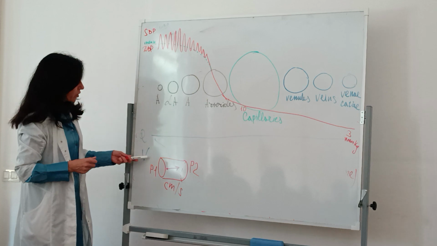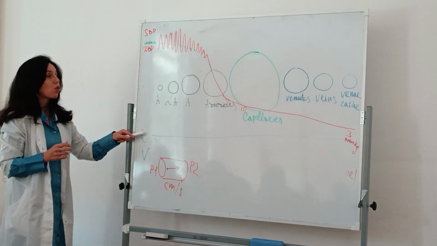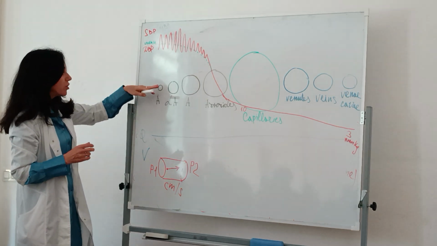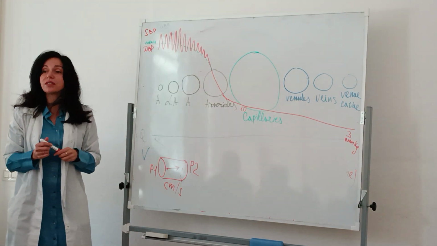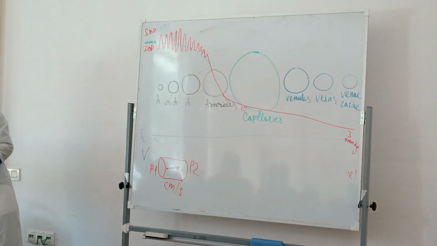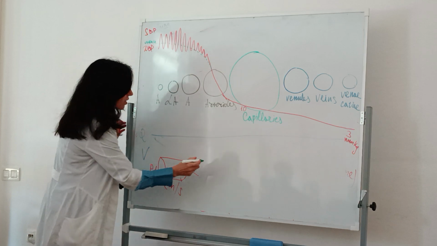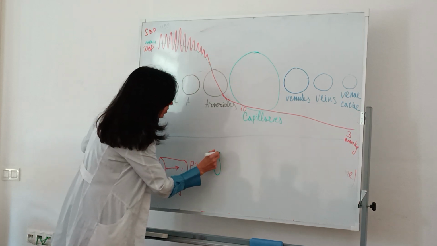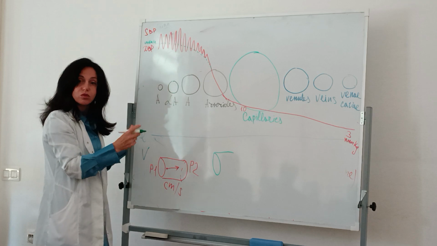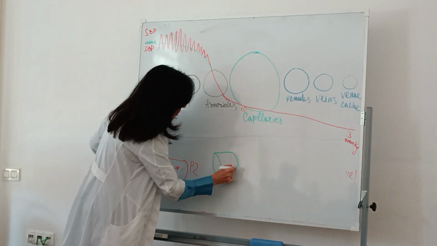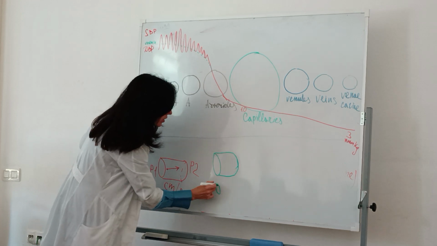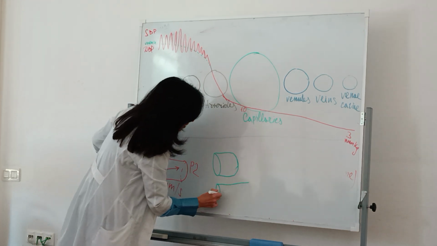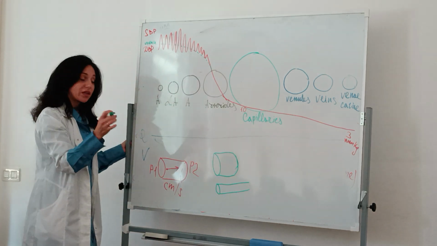What is the difference between blood flow and blood flow velocity? Blood flow is equal in each square, but blood flow velocity is different. Why? Do you remember mass operation with a cylinder? For example, a big blood vessel with a big total square and a smaller blood vessel with a small diameter.